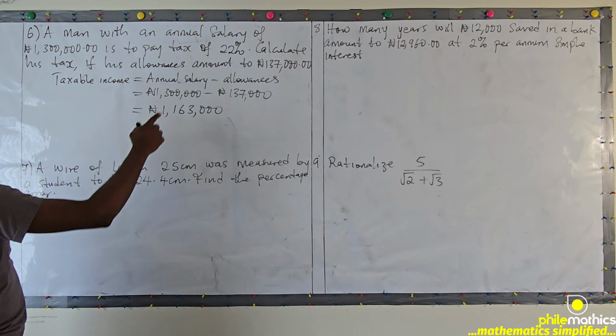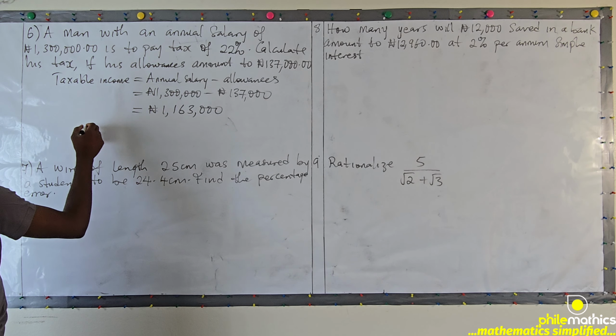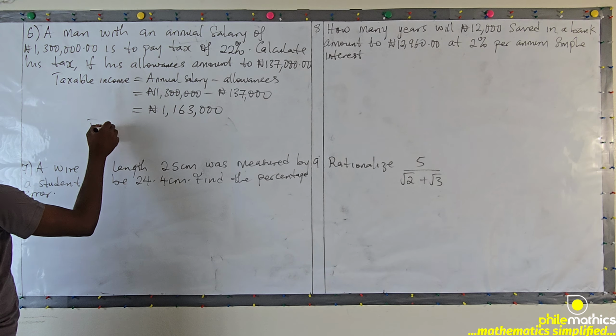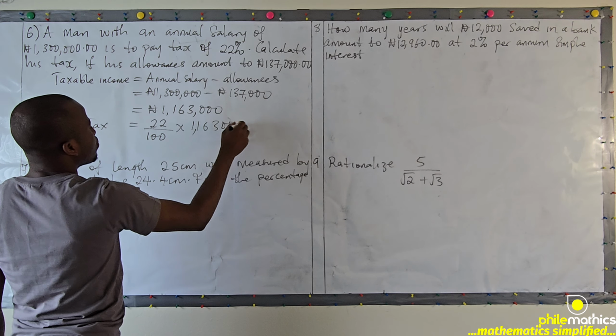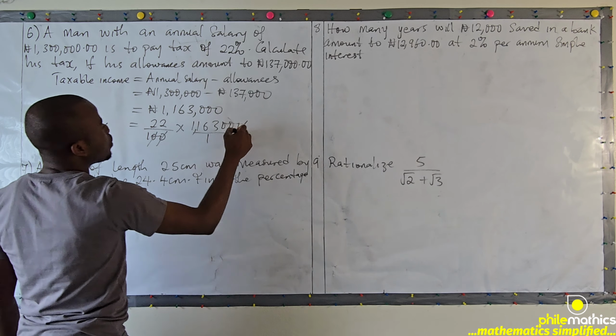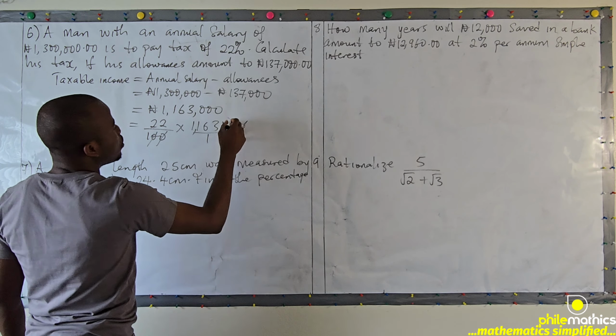So he's going to pay 22% of this amount. So his tax will simply be 22 over 100 times 1,163,000 over 1. These zeros can cancel. And so if we multiply 22 by 11,630, we'll get 255,860. That is the tax.